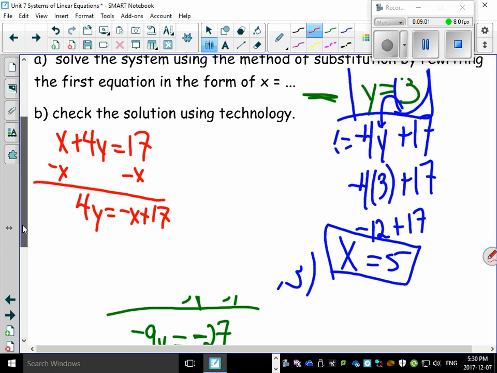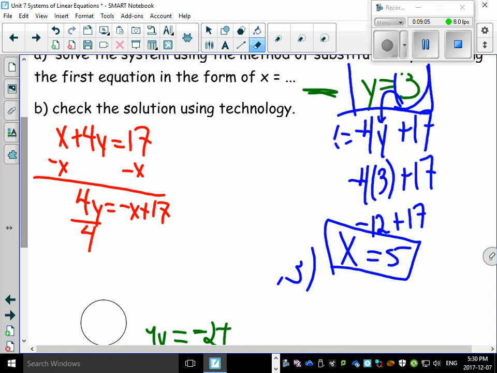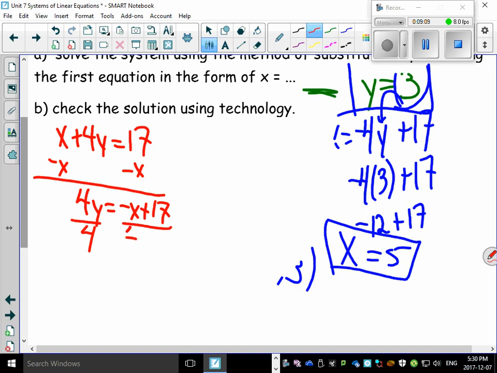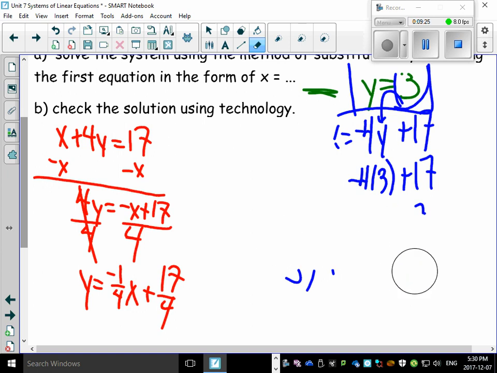Get rid of the 4 by dividing by 4. That cancels, leaving me y equals negative 1/4 x plus, look at how ugly that is, 17 over 4.